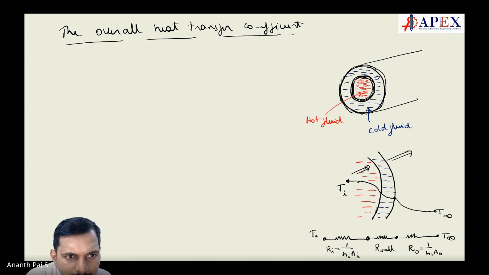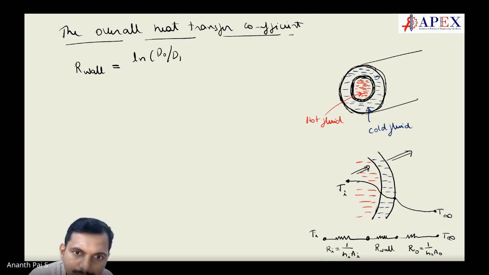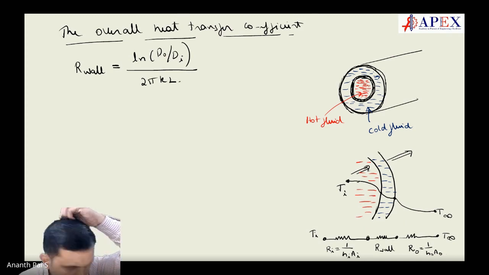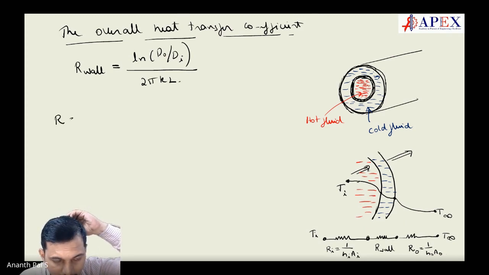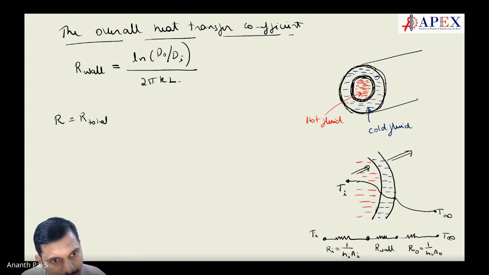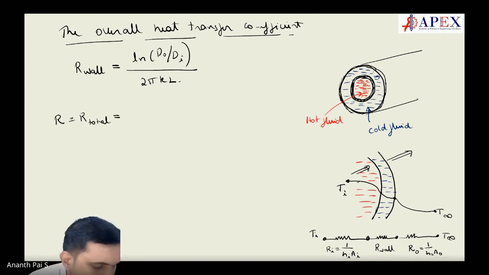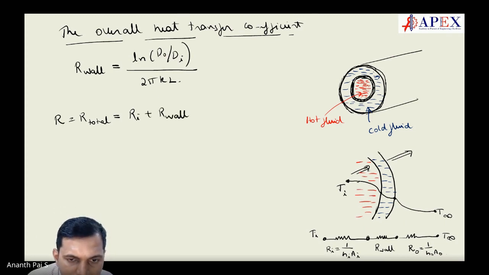Now R wall is equal to log of D naught by Di divided by 2 pi Kl. Agreed? Now R total is equal to Ri plus R wall plus R naught.